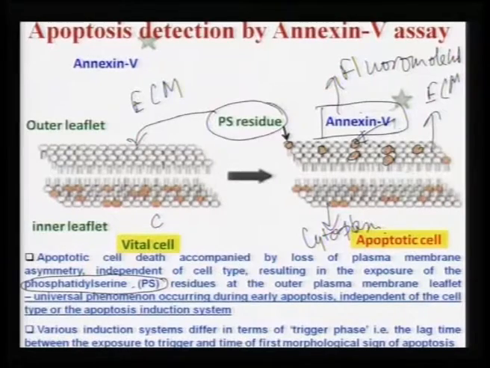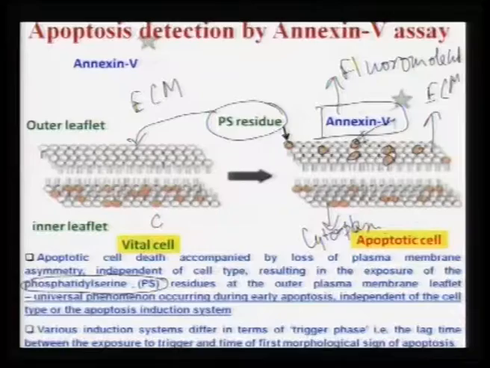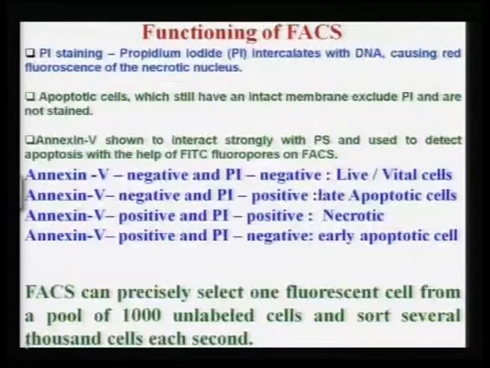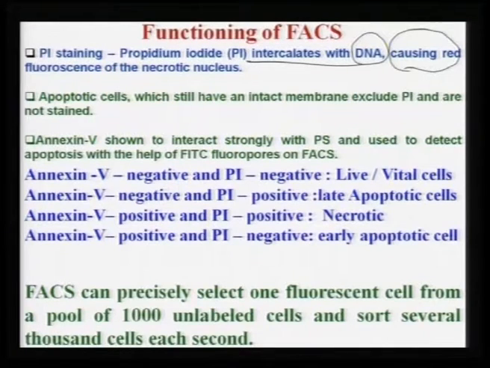When annexin 5 is negative, it means the cells are live cells. When annexin 5 is positive and in higher concentration, more apoptotic cells are present. Is it clear? There is another staining agent, propidium iodide. Propidium iodide directly intercalates with DNA, causing red fluorescence of the necrotic nucleus.